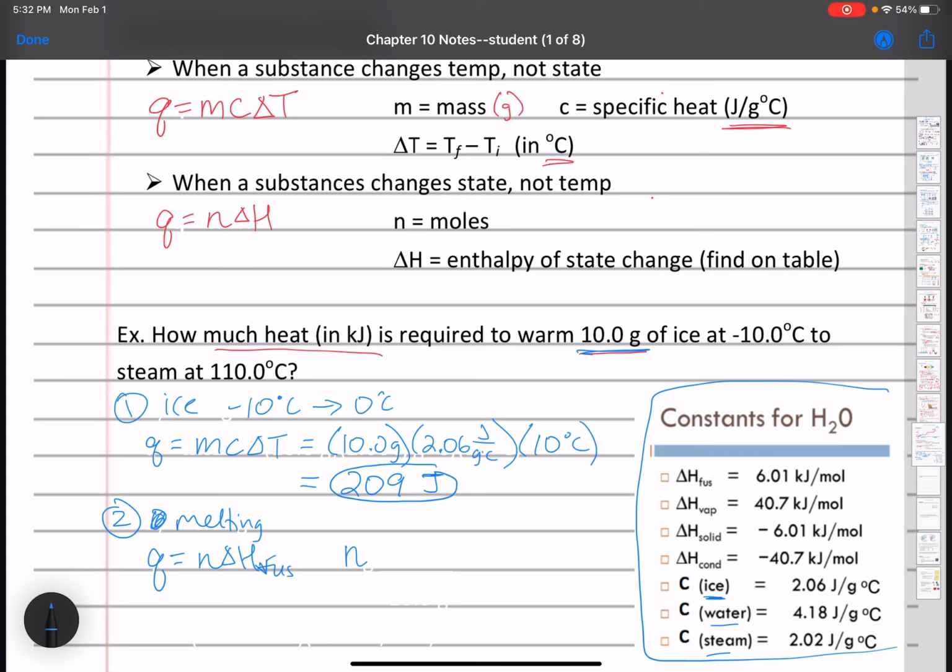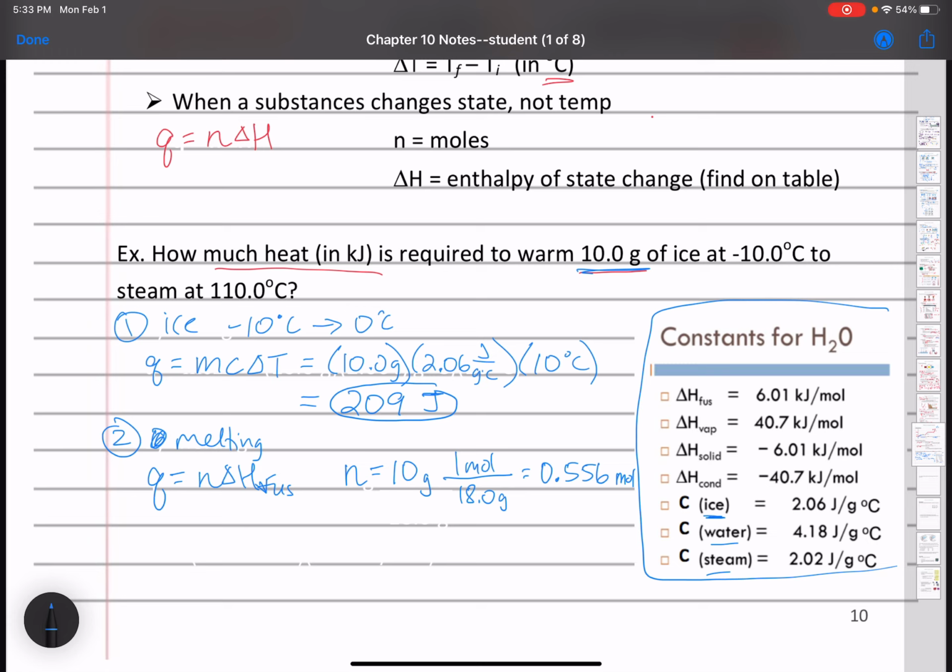All right, so the moles, we're going to need to figure out from the mass. If we have 10 grams of water, and 1 mole of water is 18.0 grams, then that's 0.556 moles of water. So I can plug that in, 0.556 moles times the heat of fusion, 6.01 kilojoules per mole, gives me 3.34 kilojoules.